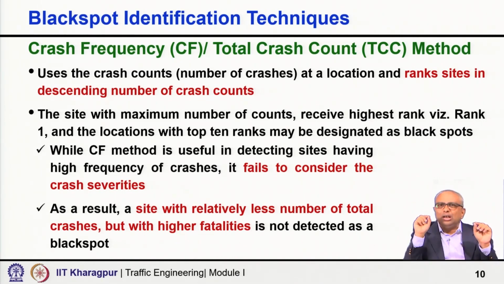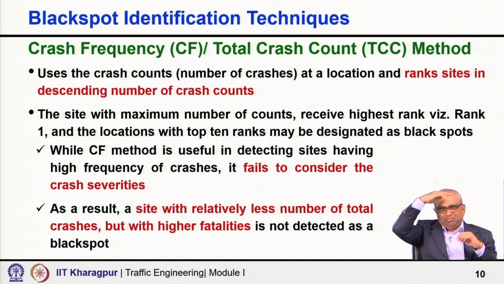Just look at the total number of crashes that occurred over the last 3 years in each segment. Then, based on the number, we simply rank the sites in descending order of crash count: the top segment or location with the maximum number of crashes in the last 3 years, followed by the next highest, and like that.